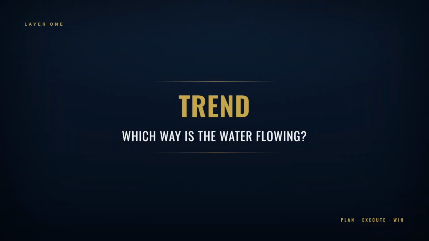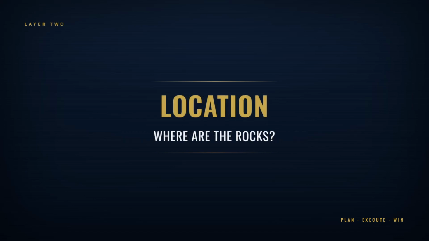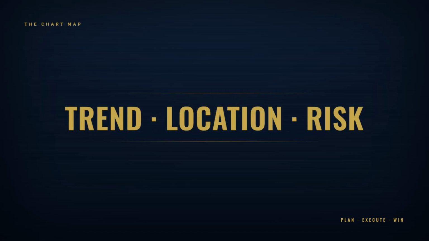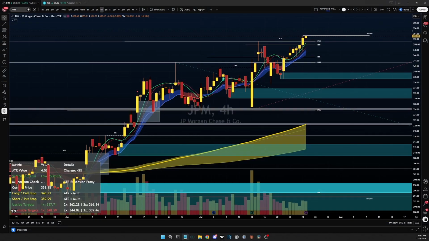Layer 1 is trend. That answers which way is water flowing. Layer 2 is location. That answers where are the rocks. And layer 3 is risk. That answers, is this even worth getting in the boat for? Trend, location, and risk. Nobody's overwhelmed by 3 things.